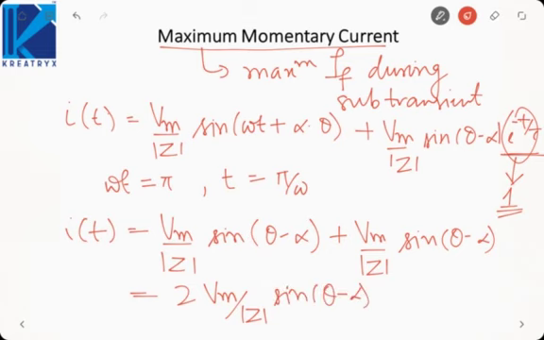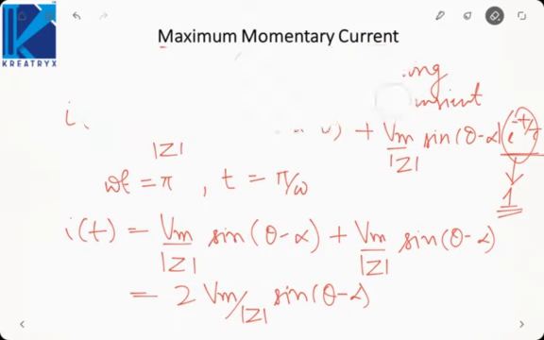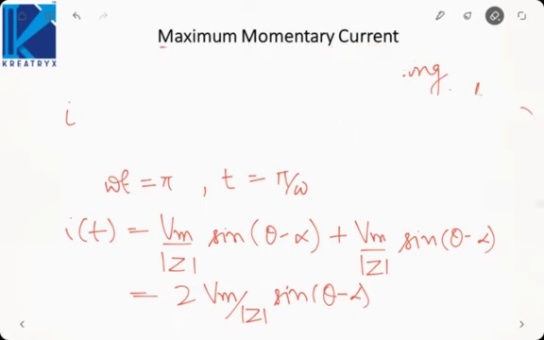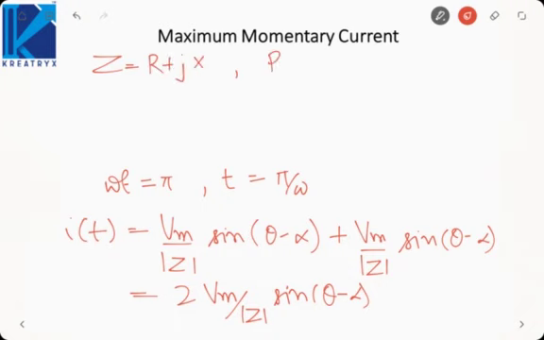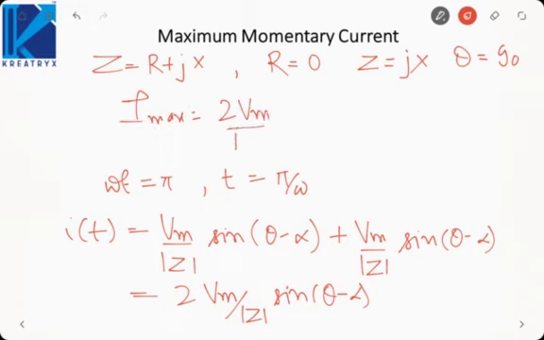Now if we neglect the line resistance, the line impedance Z is actually R plus jX. If R is taken as 0, Z will become equal to jX. So angle theta will become 90. So I max will become 2 Vm by mod Z sin(90 minus alpha), which is cos alpha.